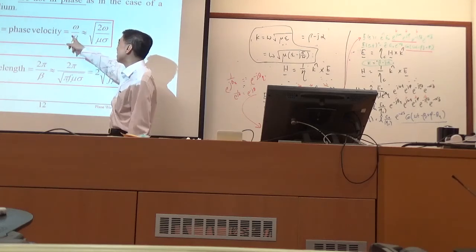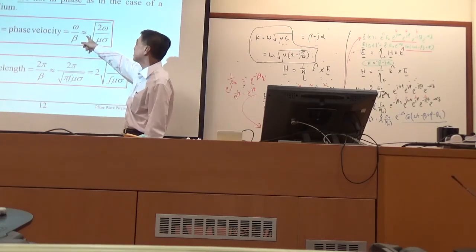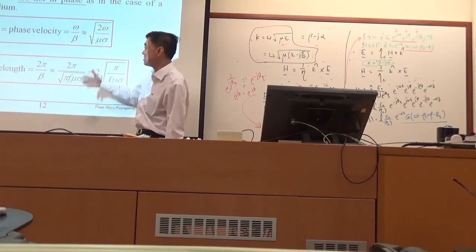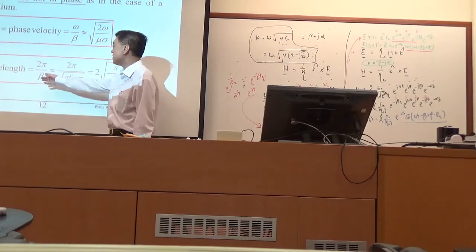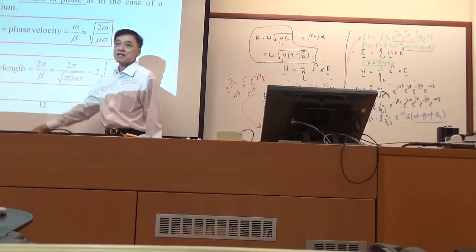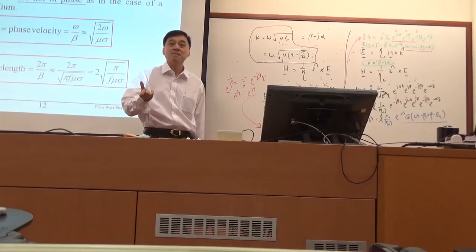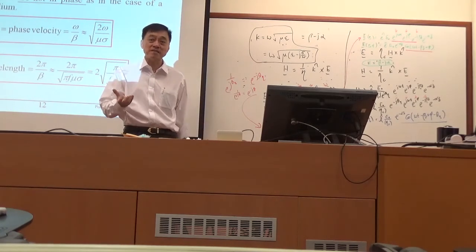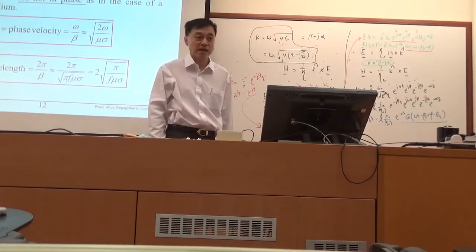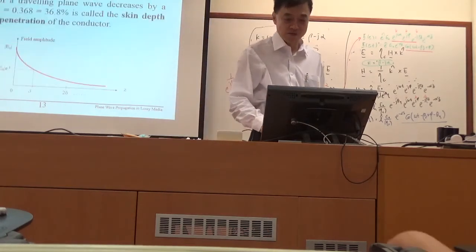This is defined as omega over beta, which is equal to square root of 2 omega over mu sigma. This is another equation that you need. And the wavelength is defined as 2 pi over beta, not 2 pi over k, because k is complex now, so we take only the real part. These two equations you need as well.